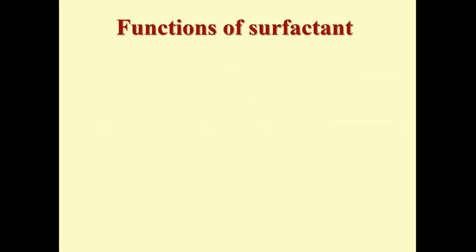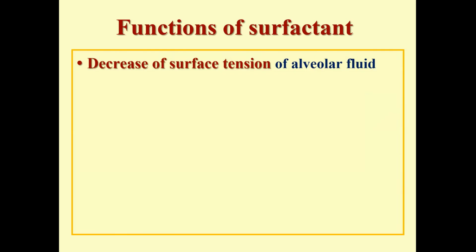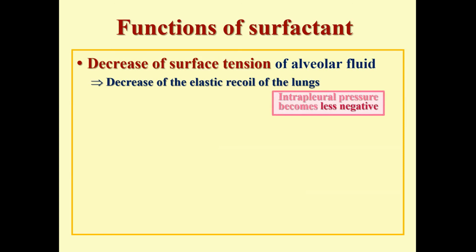So let's sum it up. All functions of the surfactant. First, in general, is a decrease of surface tension. And there are some consequences. If tension is decreased, as surface tension is the main component, 2/3 of the elastic recoil, you may conclude that in parallel there is a decrease of the elastic recoil. When elastic recoil of the lungs decreases, it makes less negative intrapleural pressure.